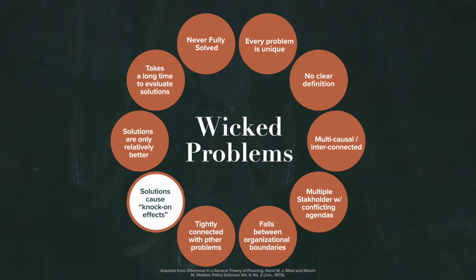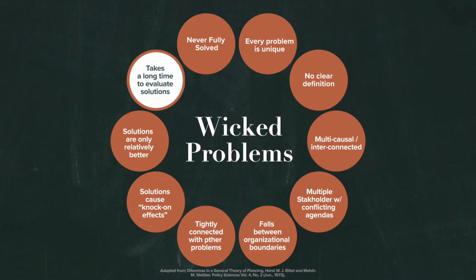And the other one I'd just like to highlight is some problems just take a long time to evaluate a solution. And so this is problematic because you're trying to test out ideas, you're trying to find a direction to go on something before you make a big investment. But even the evaluation of the solution is very lengthy and expensive.